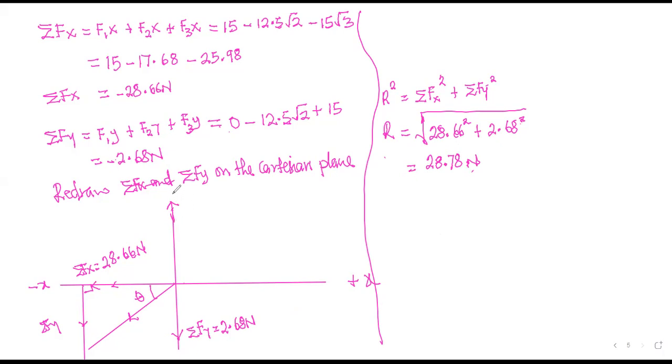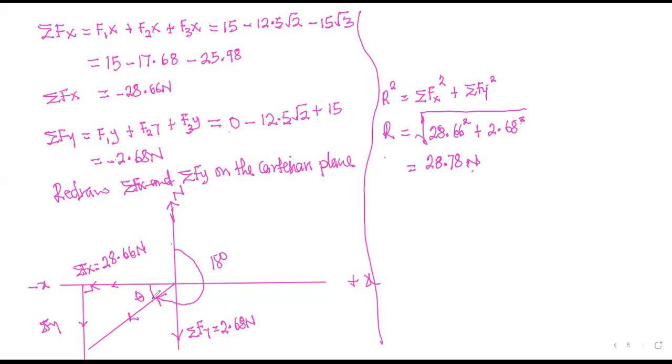Direction, if I'm at the north and I want to face this, how much do I turn to face the direction of the resultant? So obviously, this whole angle from north to south is 180.